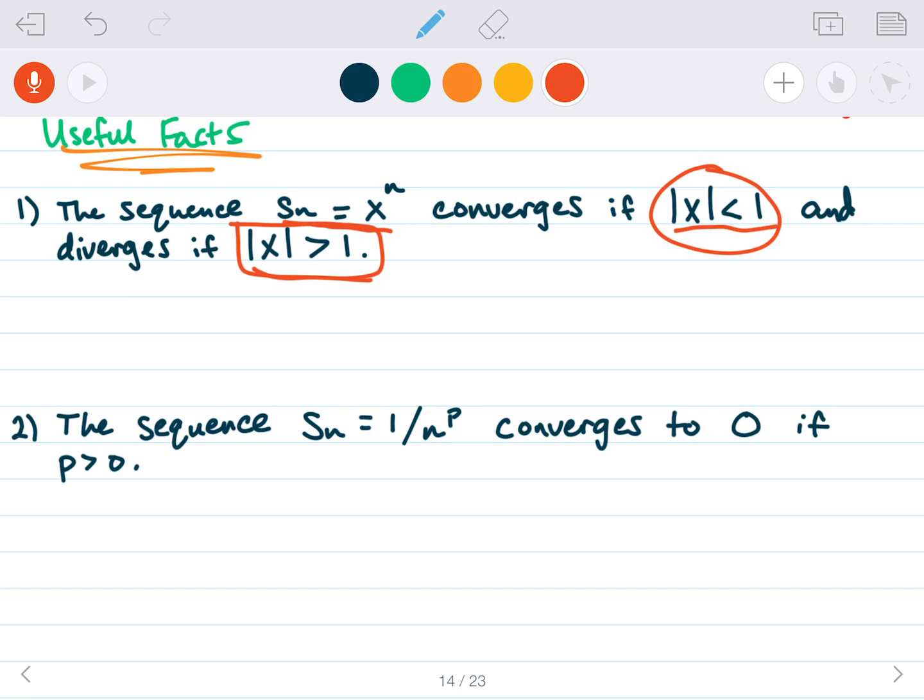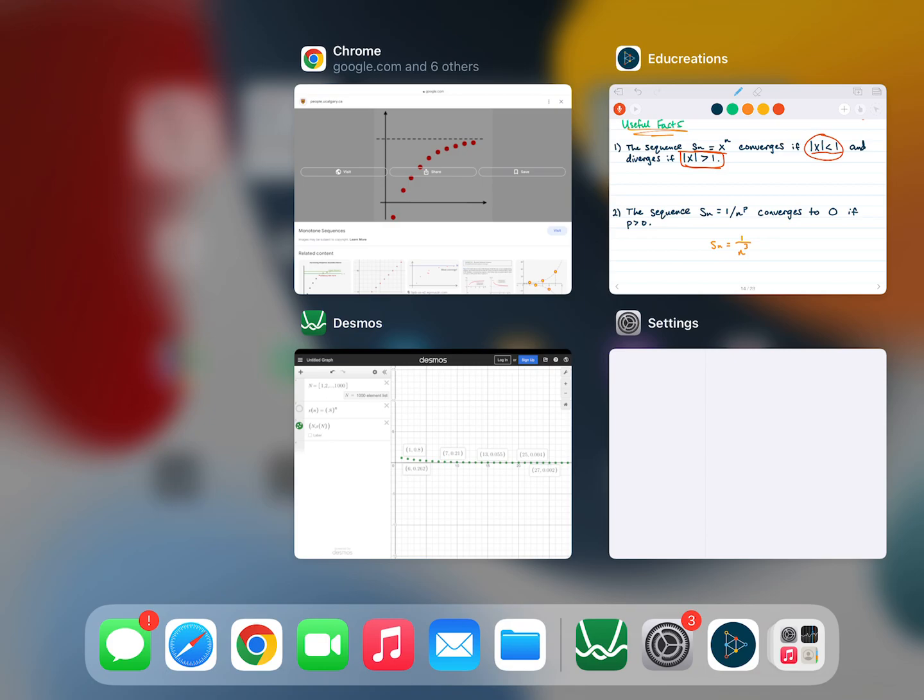So if we have something like s sub n is equal to 1 over n to the 3, this thing is going to converge to 0. And we can see this with graphs too. If we go on Desmos and put in 1 over x to the 3, 1 over x to the 100, this thing is going to go to 0.